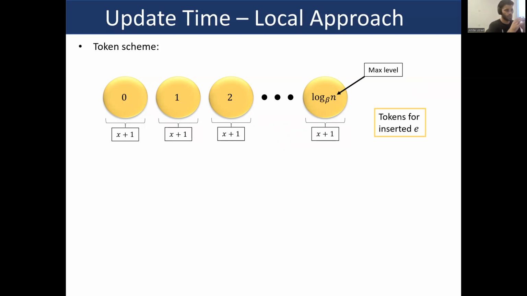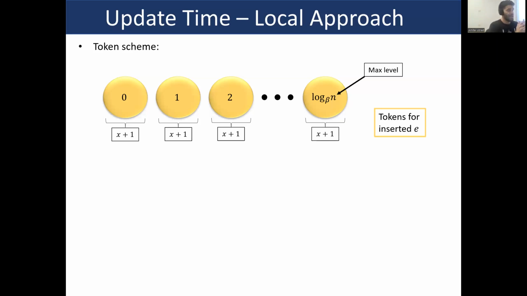Those are the levels that it can be covered at, and it can't be covered at more. So for each level that it can be covered at, we give x+1 tokens labeled for that level. Let's say those levels are 0 to log base beta n, so it has log base beta n plus 1 levels. And so we give it x+1 tokens labeled 0, x+1 labeled 1, and so on.